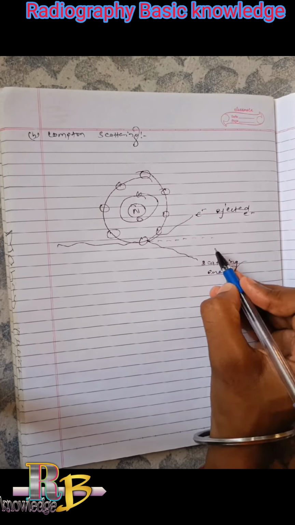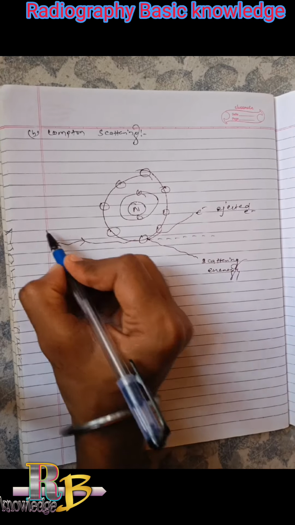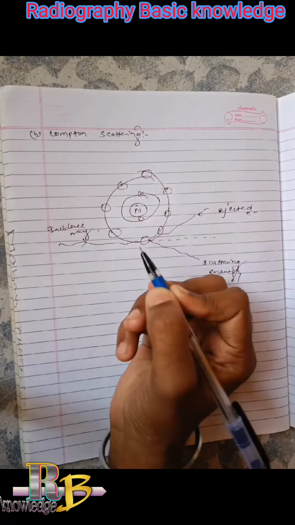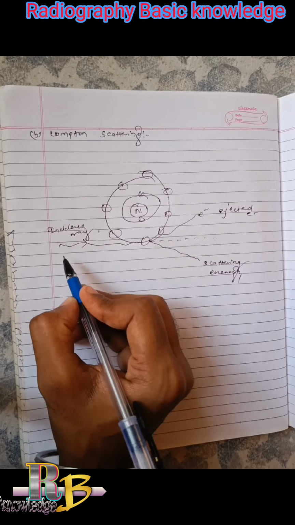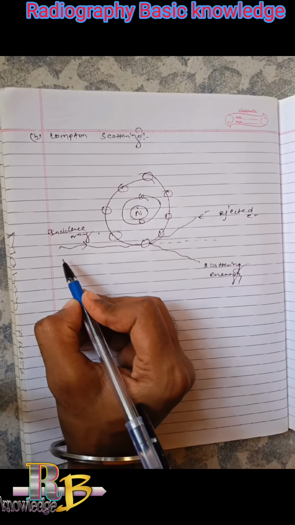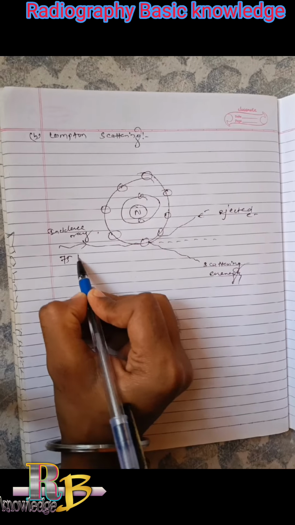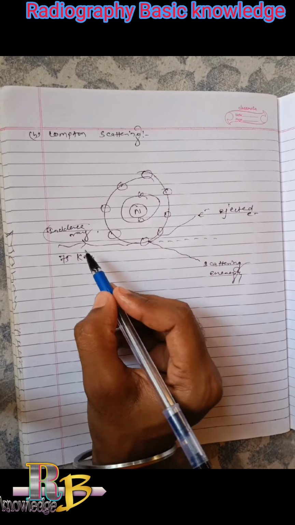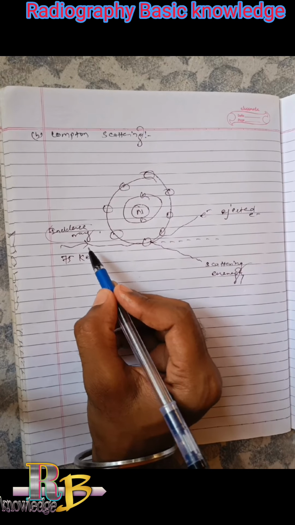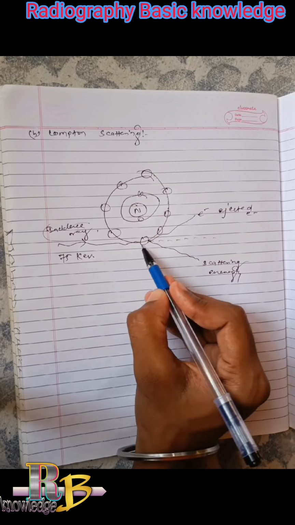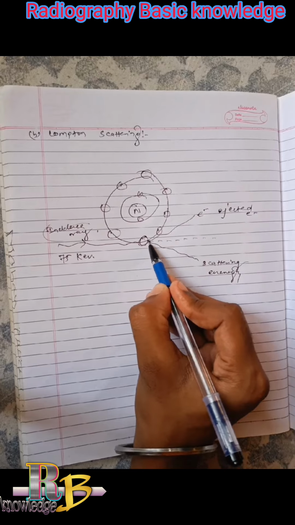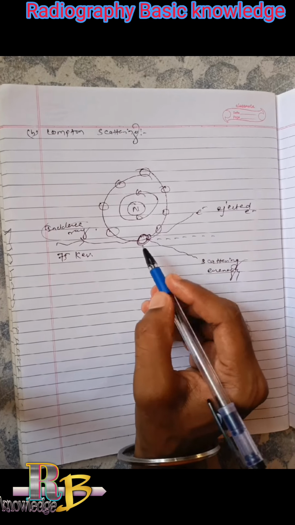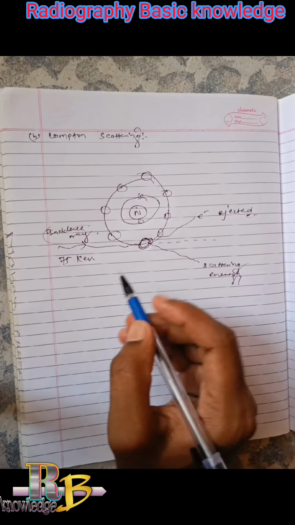When the incident ray comes, its energy is 75 kilo electron volt. That energy can easily eject the electron of the outermost orbit, because the binding energy of the outermost electron is less than the incident ray.